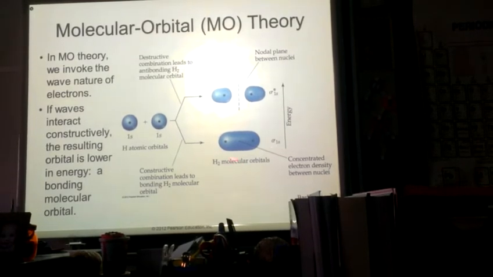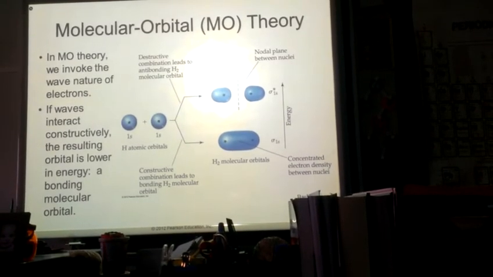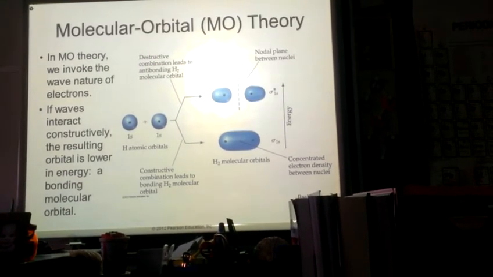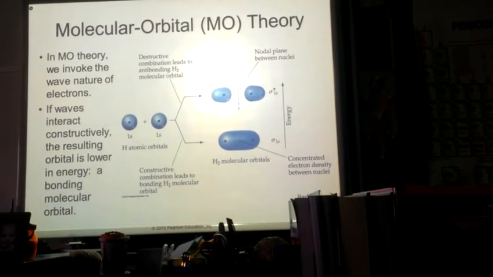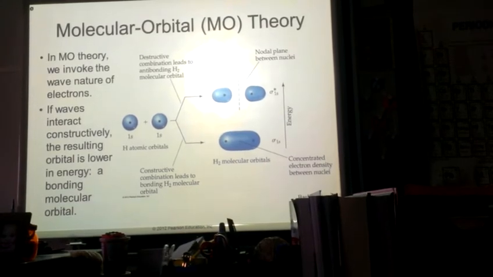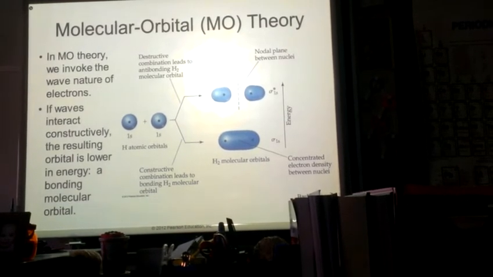So this is constructive, and this is destructive. Destructive is going to create just this empty region in between those two nuclei, which we can also call the nodal plane. So destructive means anti-bonding, and constructive interference is going to lead to a bonding orbital.